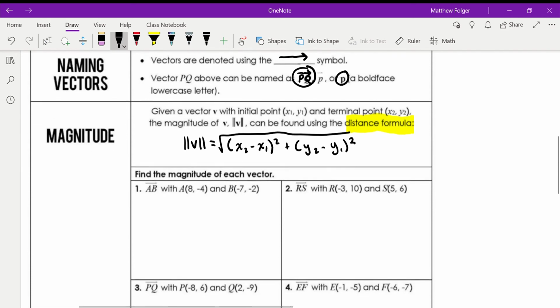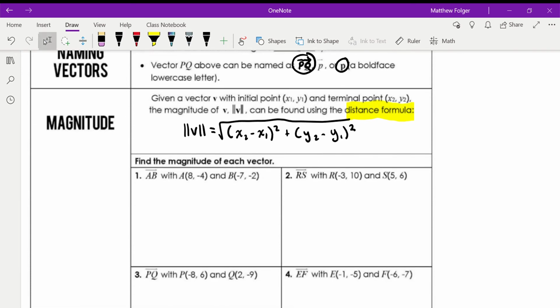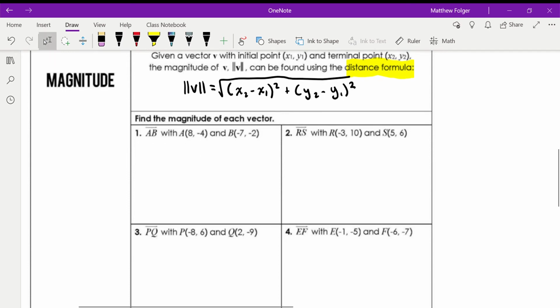So let's do a couple examples. So AB, with A is (8, -4) and B is (-7, -2). Again, these are just two points on the coordinate plane, and if you want to find the magnitude, all you're doing is finding the length between these two points using that formula. So the magnitude of AB is square root, and then we just need to fill in this formula.